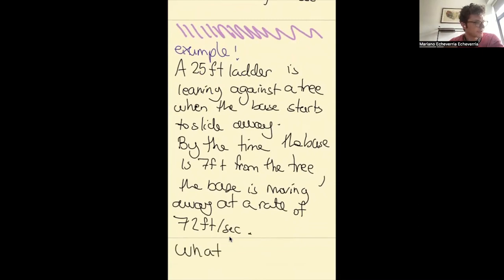What is the rate of change of the height at the top of the ladder? Or how fast is the top of the ladder falling down? Let me ask it that way.